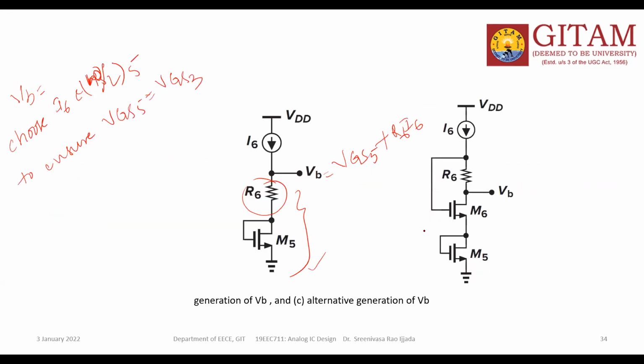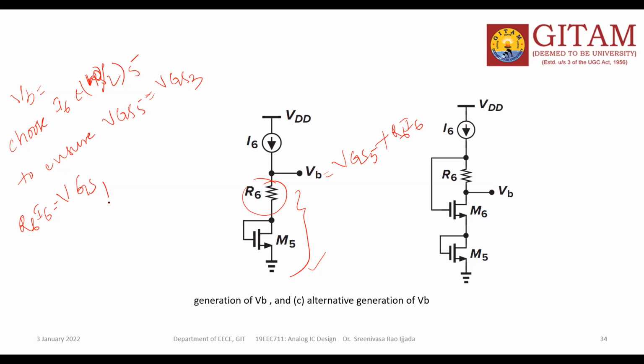So what is the condition? The condition is R6 into I6 is equal to, you can write from here, VGS1 corresponding with the first one, the previous circuit. In place of M5, M1 is there.